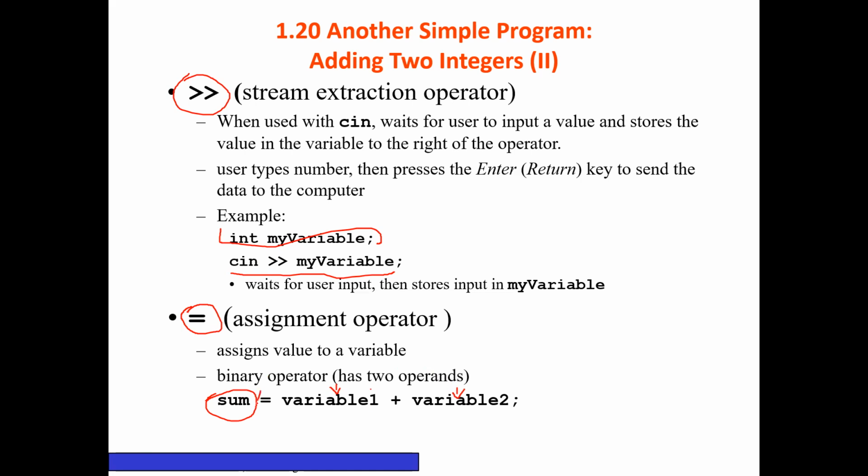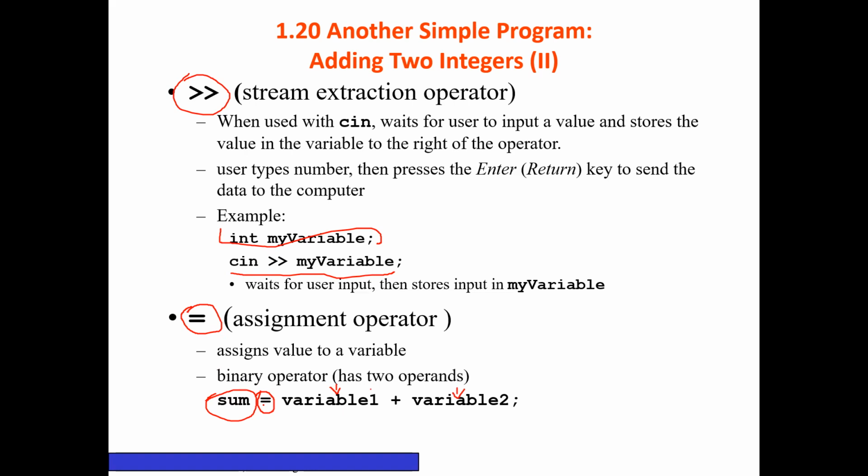This is called the assignment operator, where we assign the result of this addition to the variable sum. So this equal to is called an assignment operator, where it can be used for assigning a value to a variable from the program.